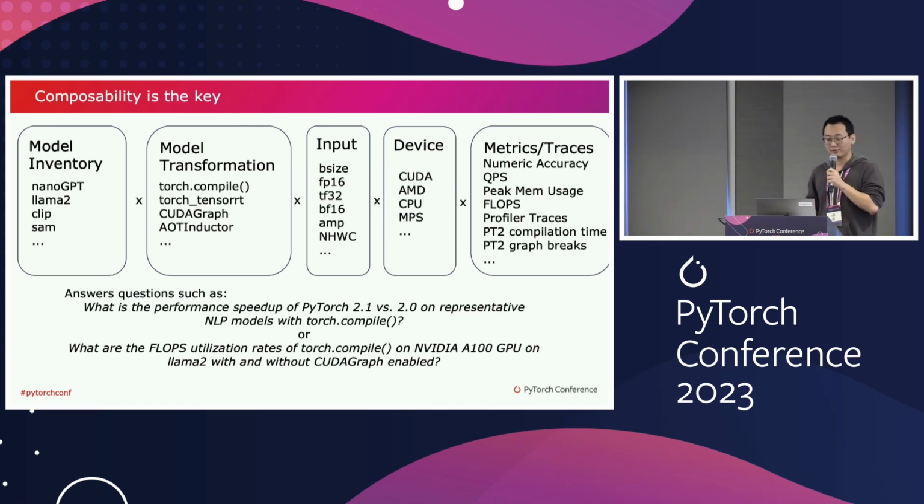And model transformation refers to many compiler and backend techniques, such as PT2, torch.compile, Torch TensorRT from NVIDIA, and also CUDA graph, AOT inductor, and so on. We encourage people to contribute to TorchBench so that it can support even more compiler backends. And the third dimension is input transformation.